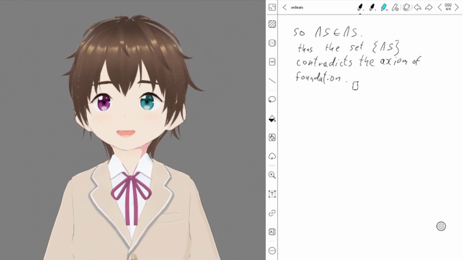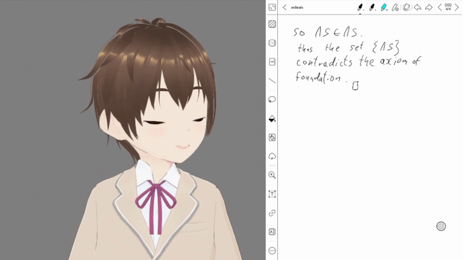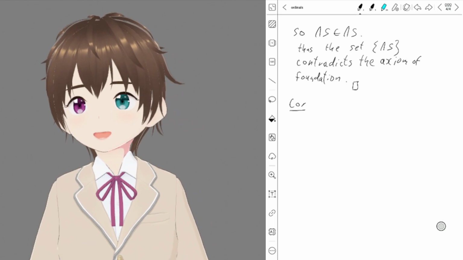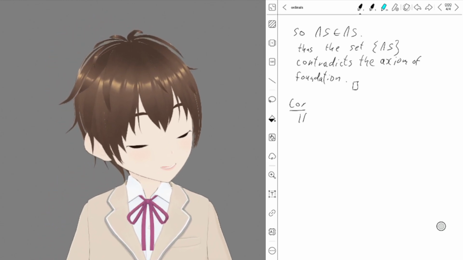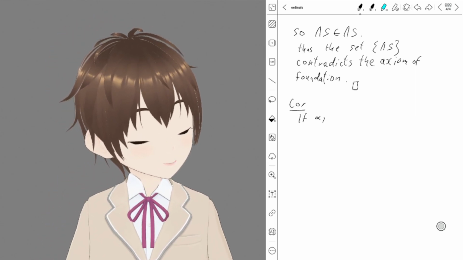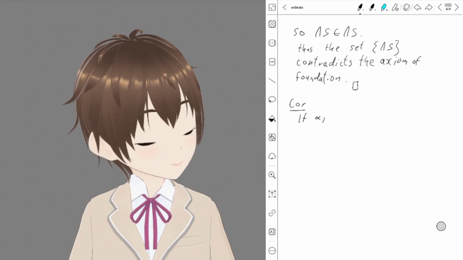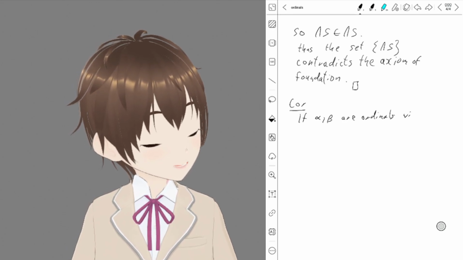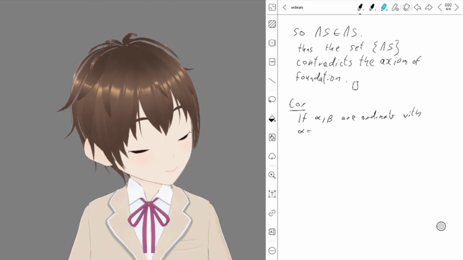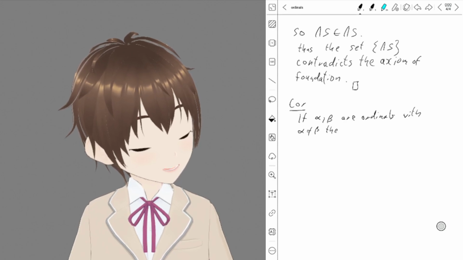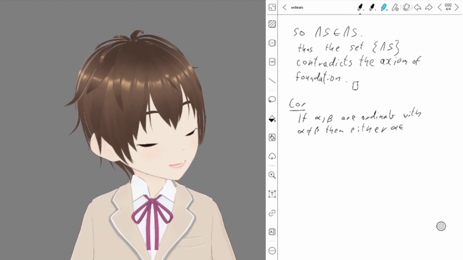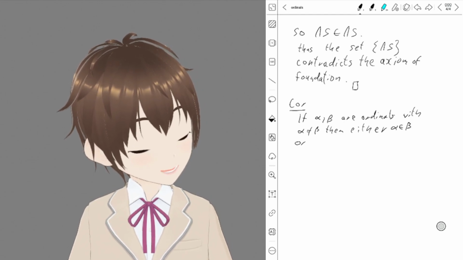Okay. And this gives us that ordinals are comparable in some sense. So, corollary, this is like a theorem which follows from a more important theorem: if alpha and beta are ordinals with alpha not equal to beta, then either alpha is in beta or beta is in alpha.